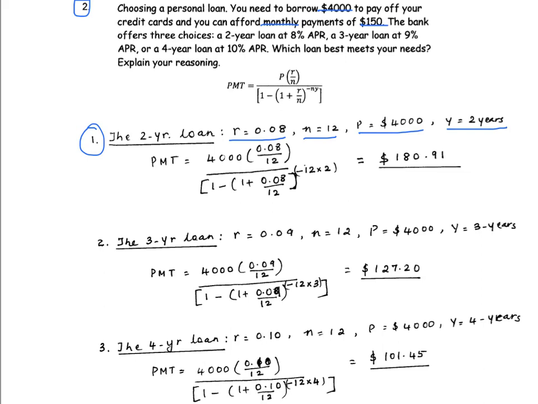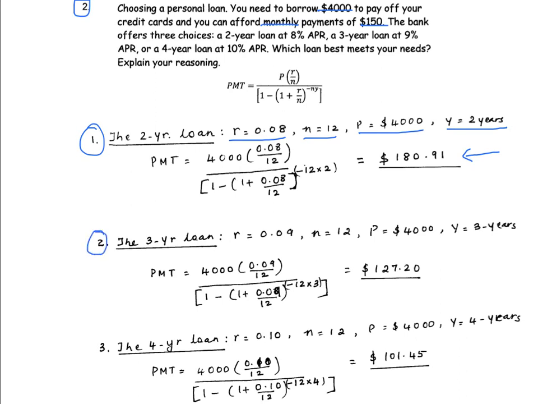We need to figure out what our monthly payment would be if we took this type of loan. So substituting numbers into the formula, being careful with entering numbers into your calculator, this is the answer that we get, $180.91. So that is our monthly payment for the 2-year loan.